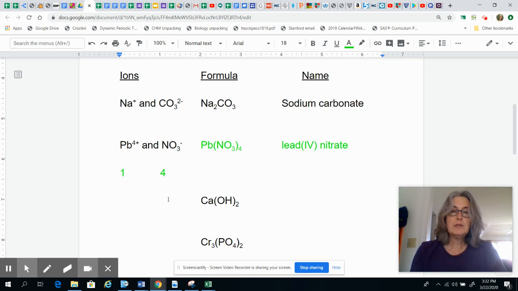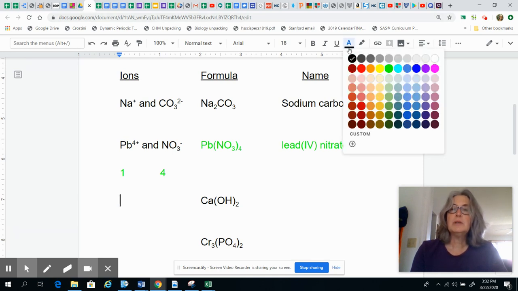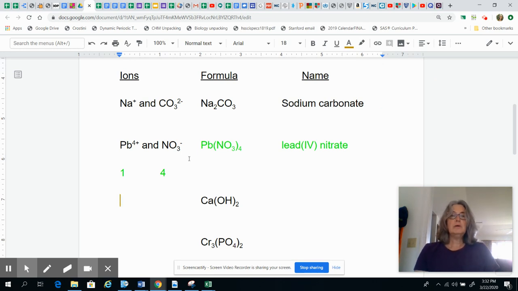All right, the next one gave you the formula, so you need to figure out the ions. If you look at your periodic table, you can very quickly see that calcium is in group 2, and it forms a +2 ion.